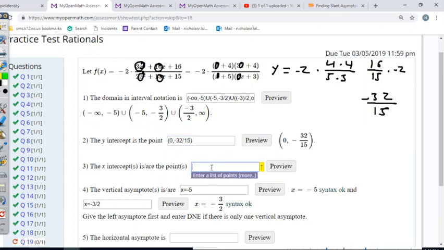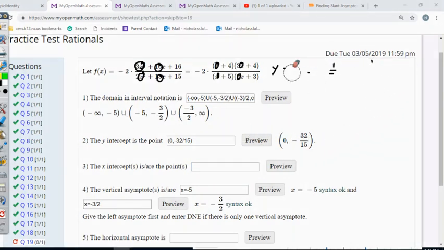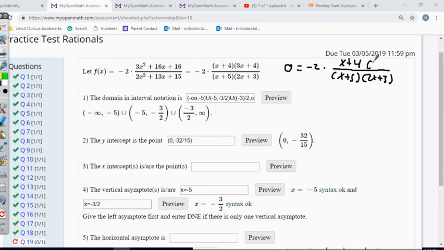The x-intercepts are the values when y is equal to 0. So if y is equal to 0, then 0 is equal to -2 times x plus 5 times 2x plus 3 over x plus 4 times 3x plus 4.